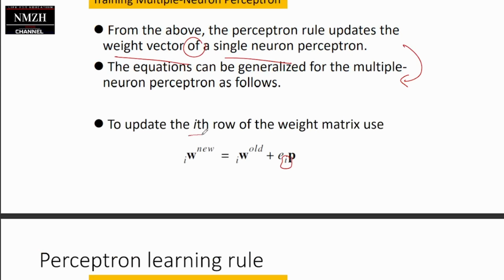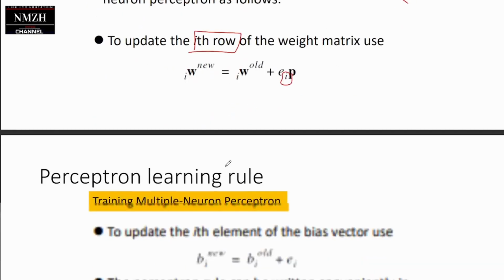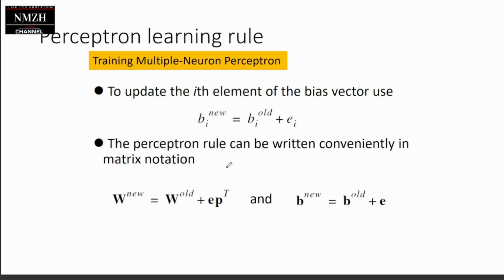So that would be iW new equal iW old plus e i p. Right. So another perceptron rule over here is b i new equal b i old plus e i.